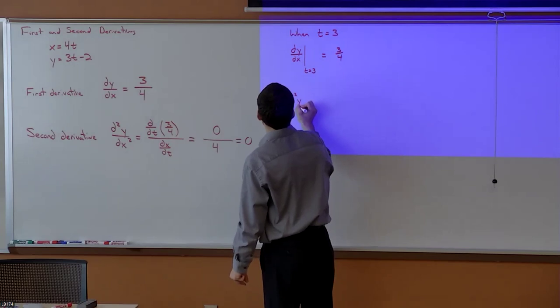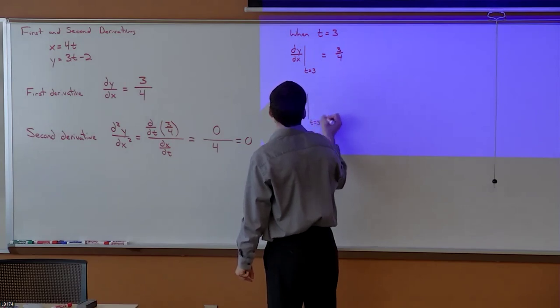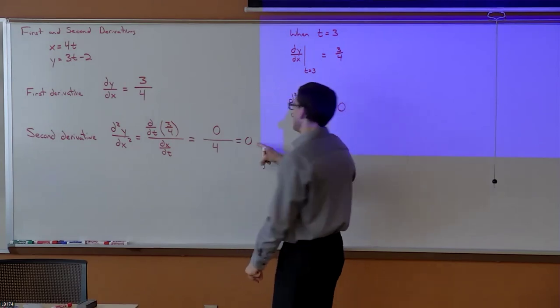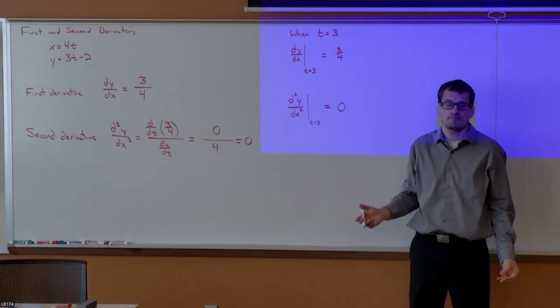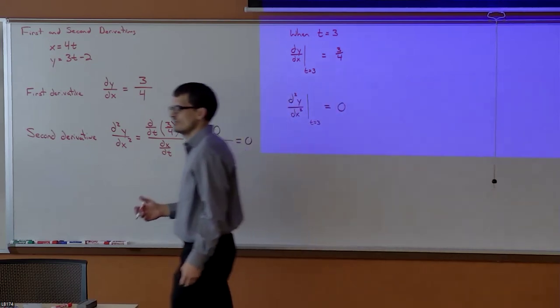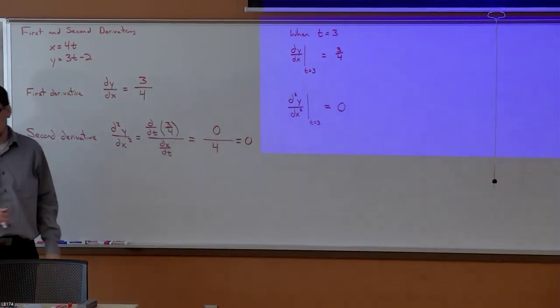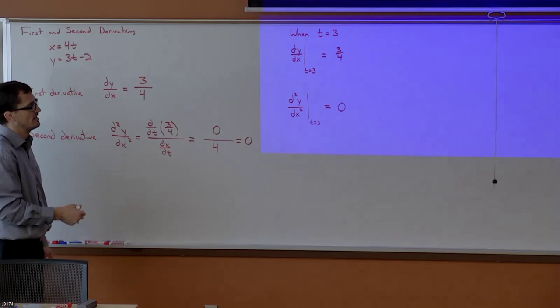And the second derivative, when t is 3, well, that's equal to 0. In this case, there's nothing to plug in, right? So there's really no calculations to do, just derivatives always 3/4. And if t was at 4, or t was at 2, or t was at -8, we would have gotten the same exact things.